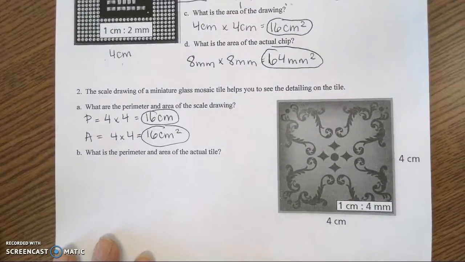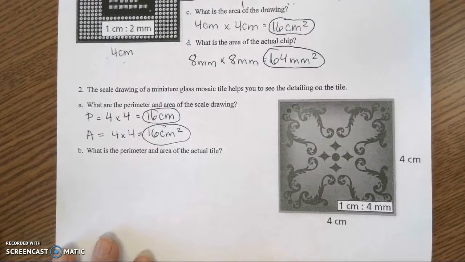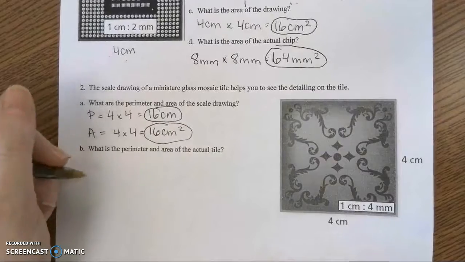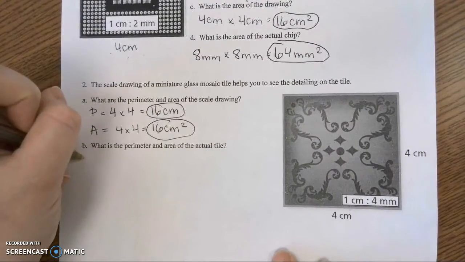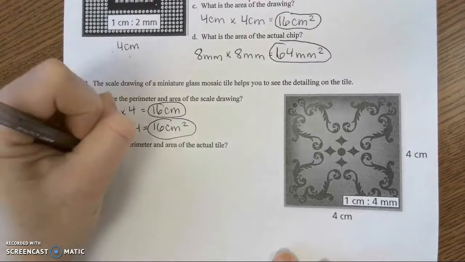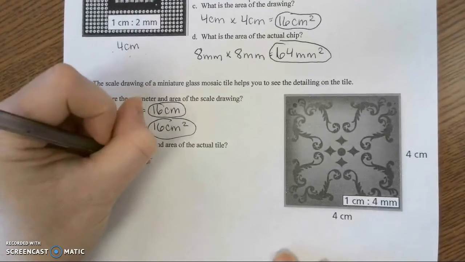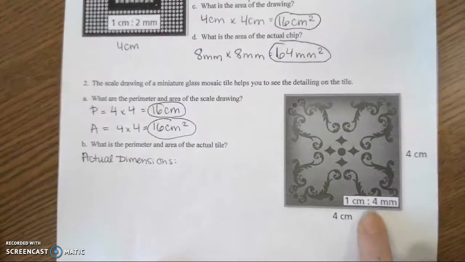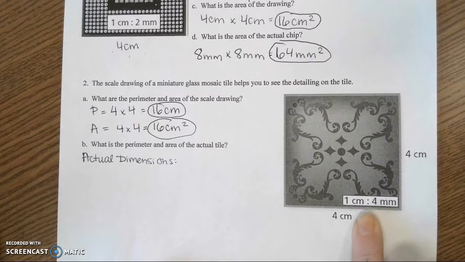Okay, so then for part B, what is the perimeter and area of the actual tile? Well, we need to figure out the dimensions of the actual tile first. So I'm going to write that up at the top so you can see how I'm calculating the dimensions. So you are going to use the scale that's given to us. For every 1 centimeter is 4 millimeters.